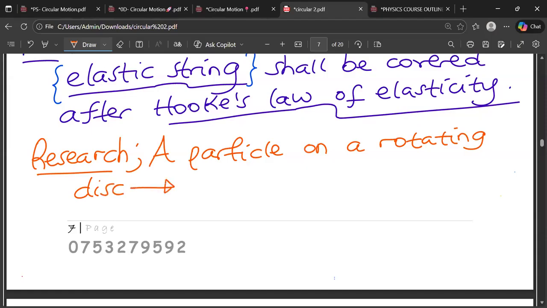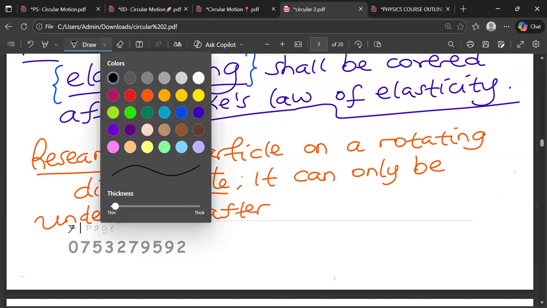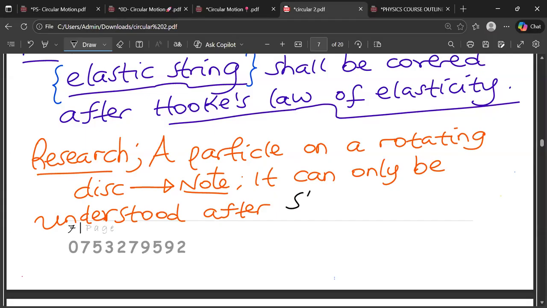But have it in mind, note, it can only be understood after a branch of solid friction called static friction. So if you don't know static friction, don't even bother.